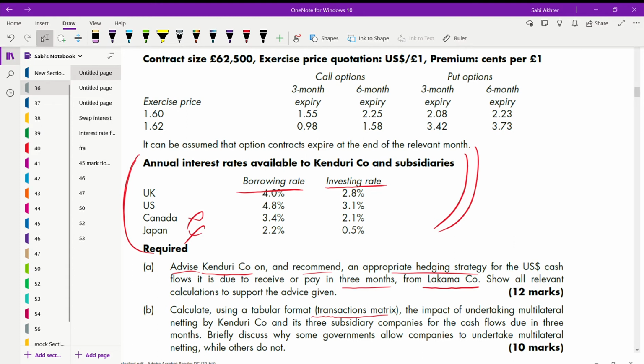This is money market hedge, right? Money market hedging does not come very frequently. It is always forward, future, option in exchange rate, but it is better to know money market. Like this, you never know when it comes.